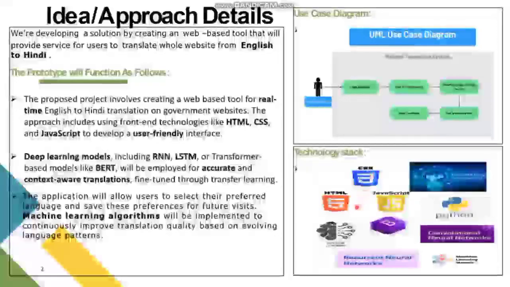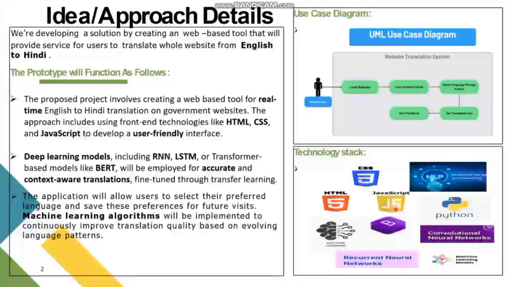Coming to the technology, HTML, CSS and JavaScript are used for website building, and JavaScript acts as the mediator between the machine learning model and the website. The prominent technology that we have used is natural language processing.